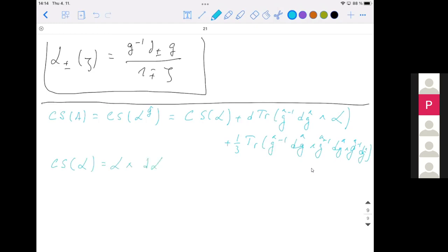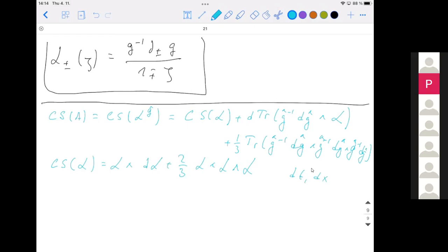DL plus 2 thirds of this, but L is actually along only dt and dx. So we cannot produce three wedge products here. So this part will be just 0.